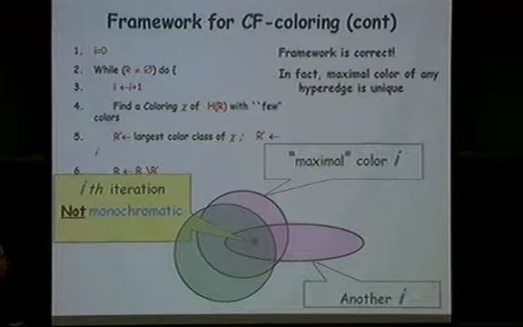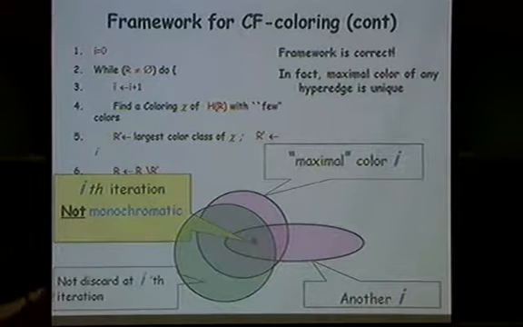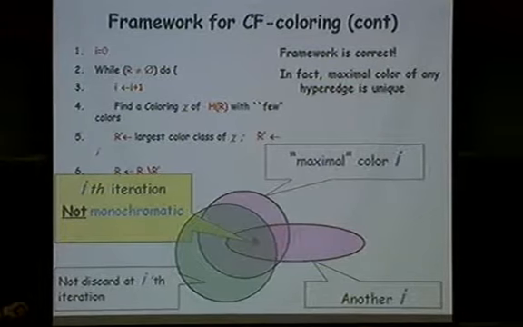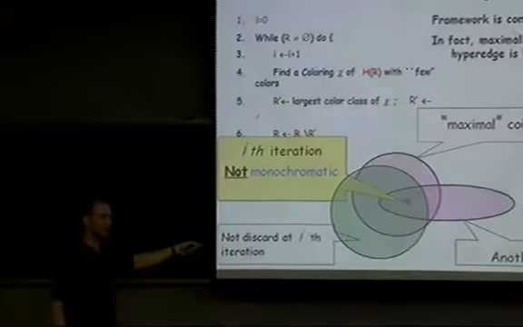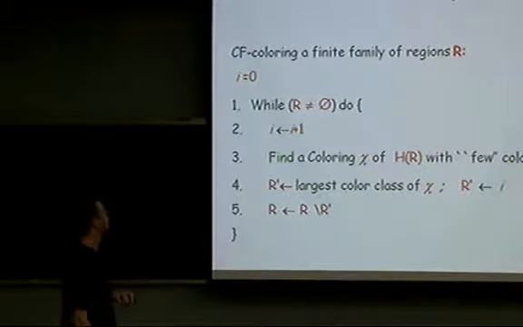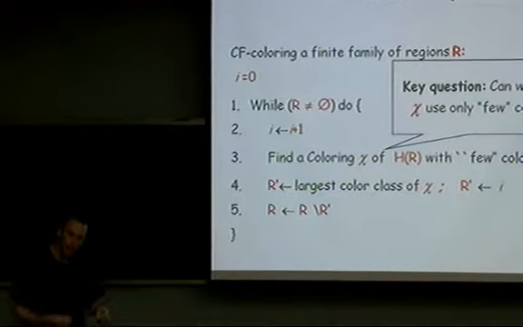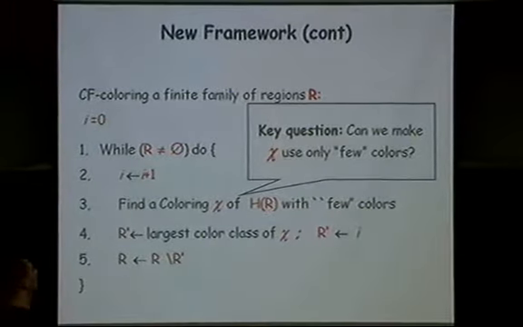So what is the color of this non-pink shape? It cannot be I, because those that are colored with I are only the pink guys. So now this green guy is not colored in that iteration, so it means that it was colored somewhere in the future, contradicting the fact that I was the last colored shape. And that's a contradiction.